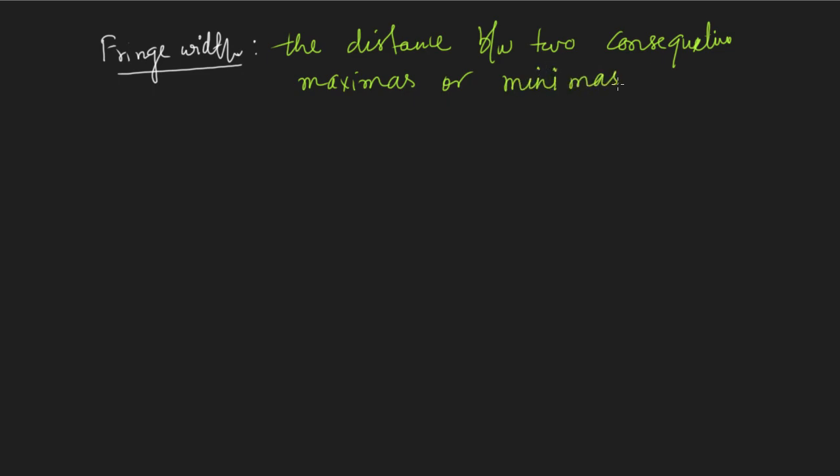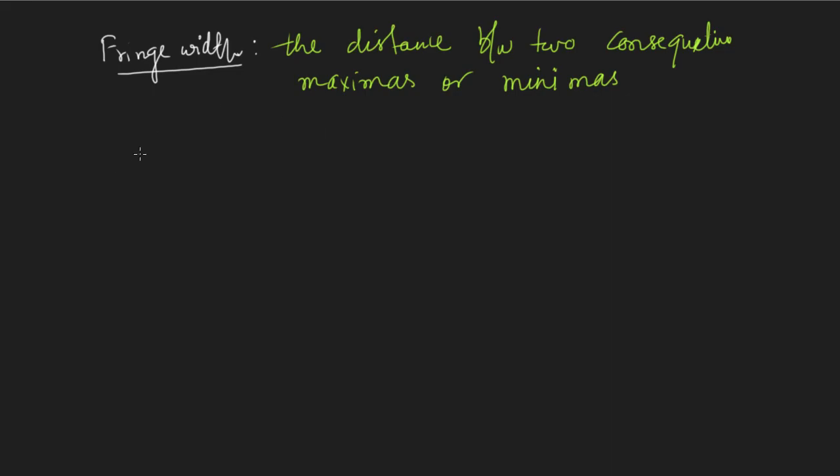This fringe width expression will help us to understand how our interference pattern will change. For example, if I change the wavelength of light used, or how it will affect if I change the distance between two slits, or the distance between the source and the screen.